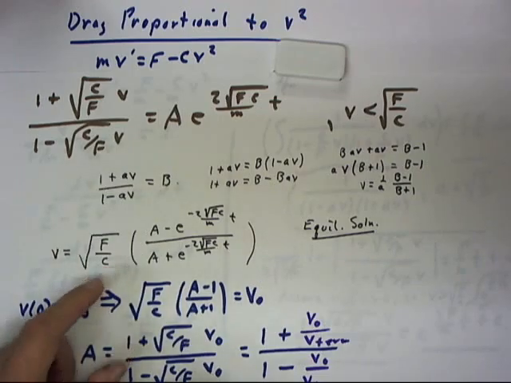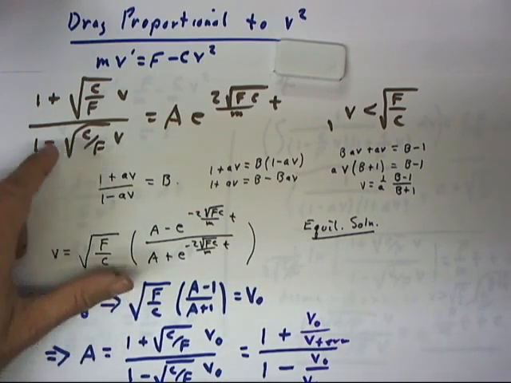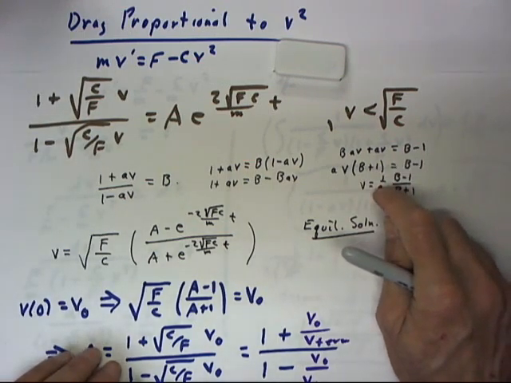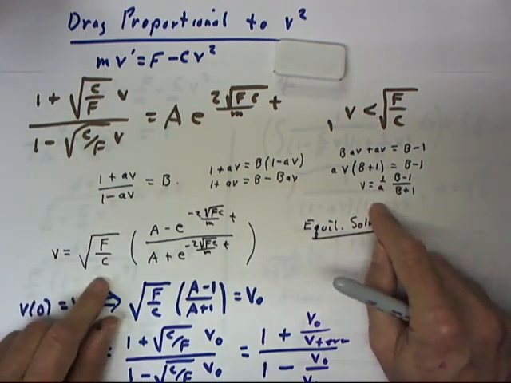Now, applied to this equation, A is going to be the square root of c over F, so that 1 over A is going to become the square root of F over c.